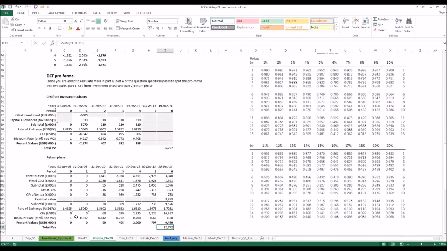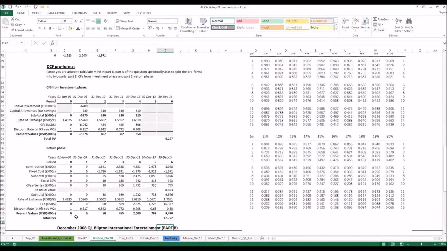And together, totals of the present values from both phases will give us the NPV.